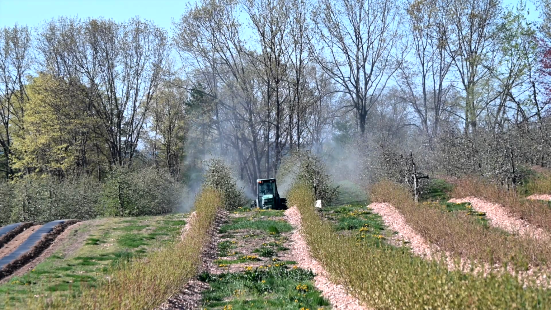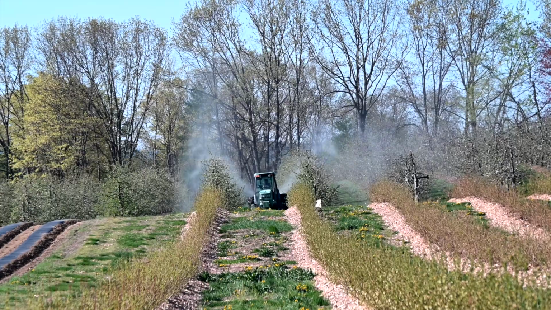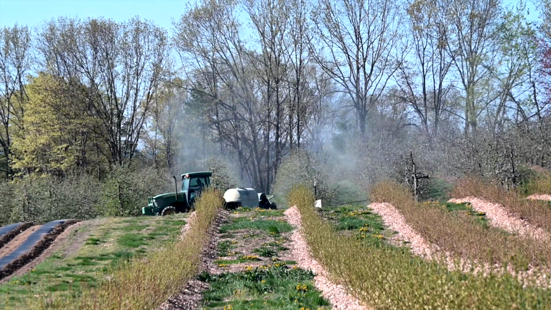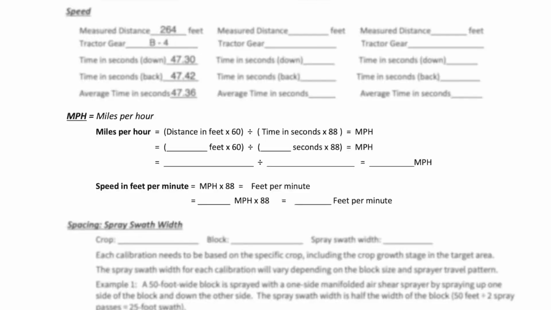Next, we'll convert the recorded times into miles per hour and speed per minute as part of determining how many feet per minute are being covered, and consequently, how much product is being applied at each foot. Calculate the distance in feet multiplied by 60, which comes to 15,840. Then divide that number by the time in seconds multiplied by 88, which we determined to be 4,168.